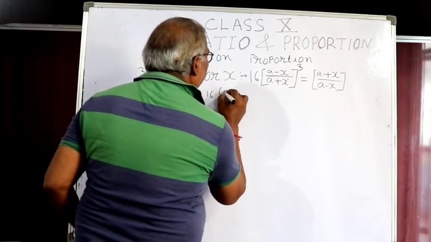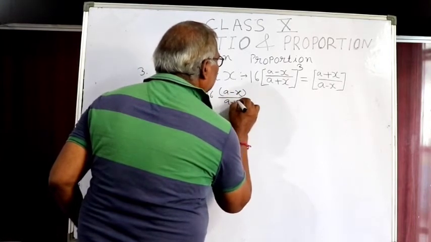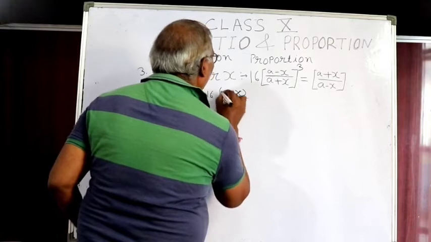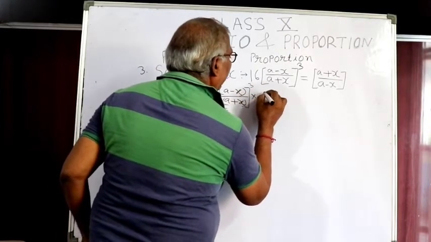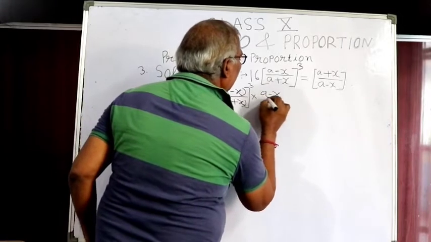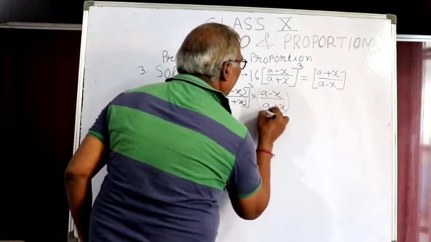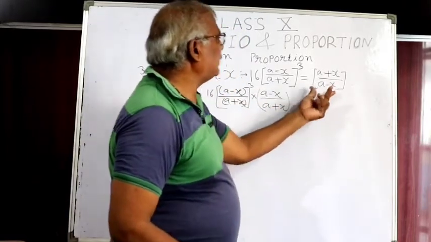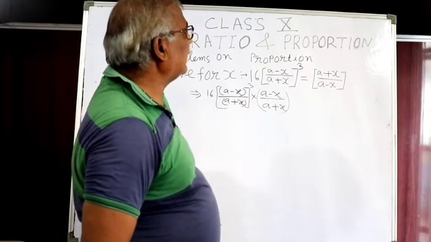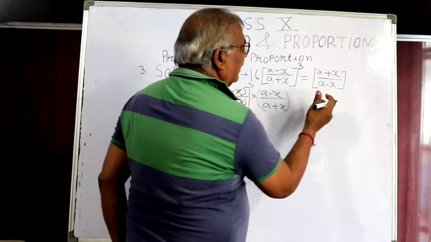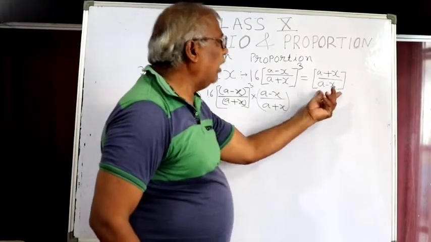16 (a minus x upon a plus x) whole power 3 into a minus x upon a plus x. We multiply both sides by a minus x upon a plus x because we want to make the right hand side equal to 1.